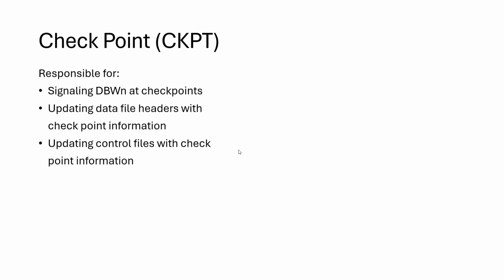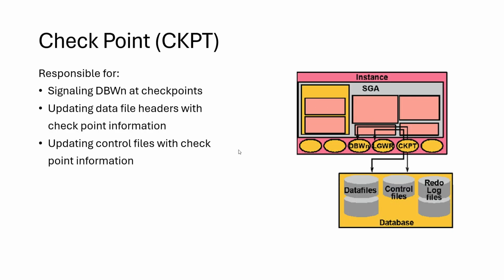Next, one more important, mandatory background process: checkpoint. Checkpoint does a lot of updates. Whenever you update data, the checkpoint process regularly updates the control file header and data file headers with the SCN, the system change number.